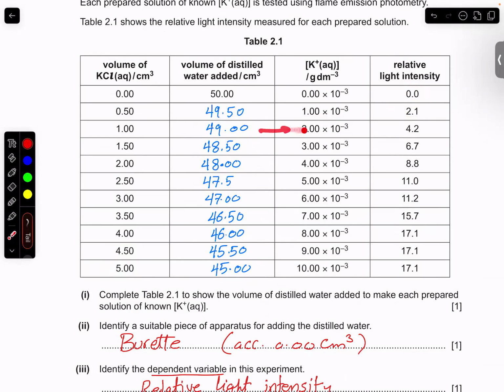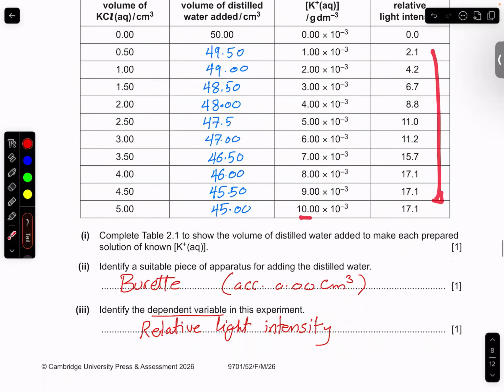Then here the concentration, which is the mass in grams divided by the volume in centimeter cube, equals 2 times 10 power minus 3. So the light intensity in this case is 4.2, and so on until we reach the final readings.